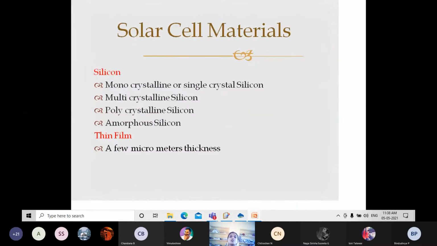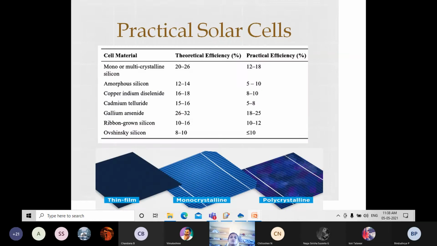Next, solar cell materials. Yesterday we already discussed solar cell materials: monocrystalline, single crystalline silicon, multicrystalline silicon, polycrystalline silicon, amorphous silicon, and thin film, a few micrometers in thickness. These are practical solar cells.